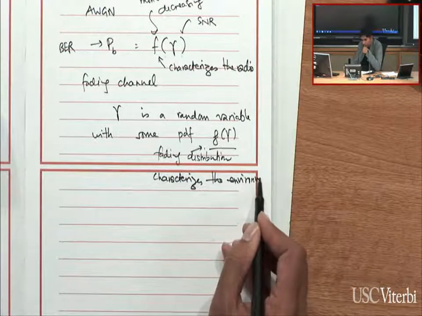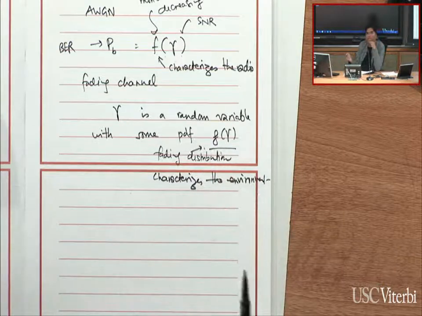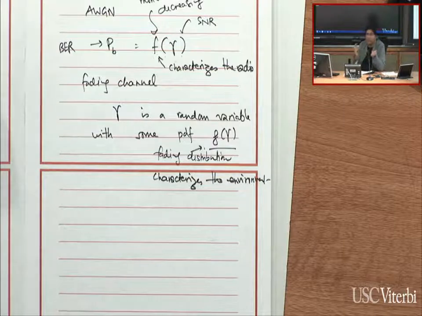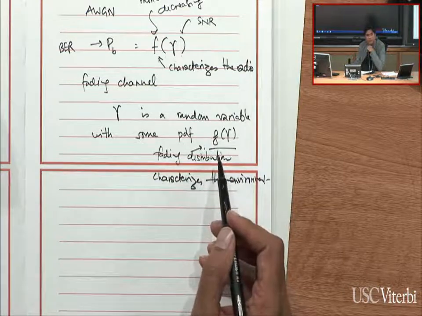So you can expect G of gamma to look different depending on your physical location: whether you're in a building, what type of building it is, which room you're in. If you're outdoors, what the outdoor environment looks like, how many things are nearby, how many reflective surfaces, are there objects in the way, are there dynamics in the environment, are the nodes moving. All of those things will show up in this distribution. Okay.